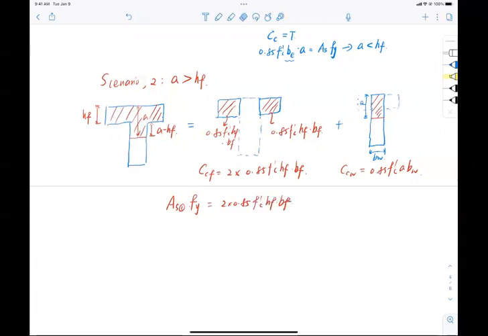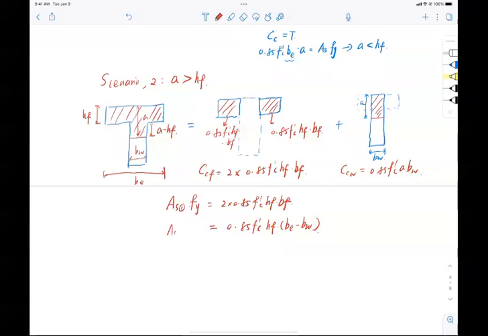Or if I just want to use the web, and you see this a lot, that is 0.85 f prime c hf, be minus bw. It's the same thing, right? Be is the total width of the flange anyway, and minus bw gives me the flange. So you can use 2 times bf or be minus bw. Both are okay. Matter of fact, you see them a lot.